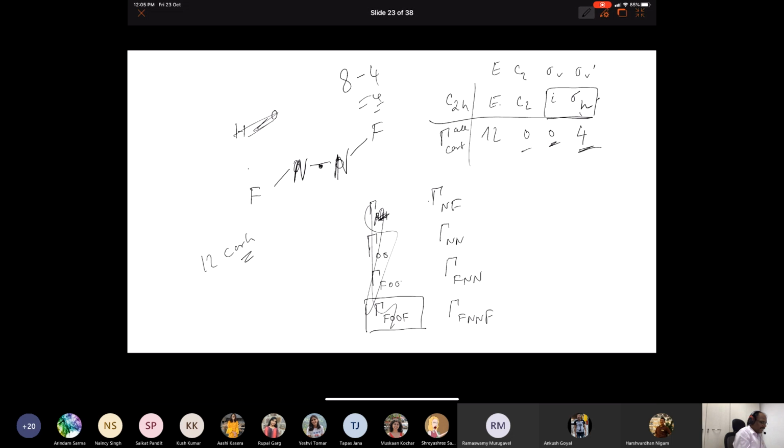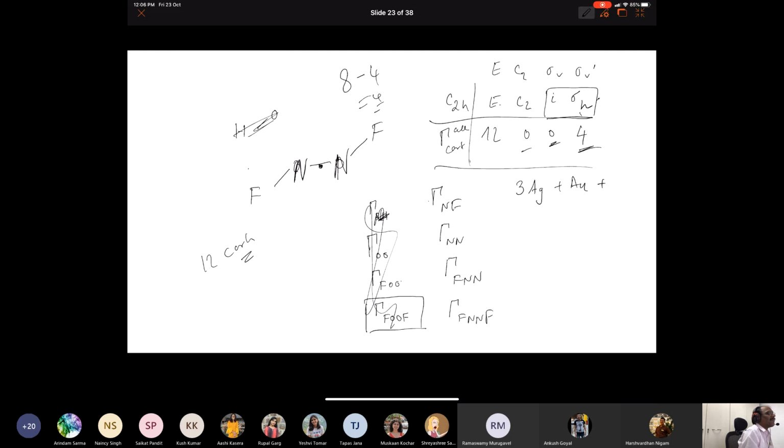Now from here you can essentially get all your coordinates. In fact, if you do the full reduction, you will have 3Ag, 1Au plus 2Bu.